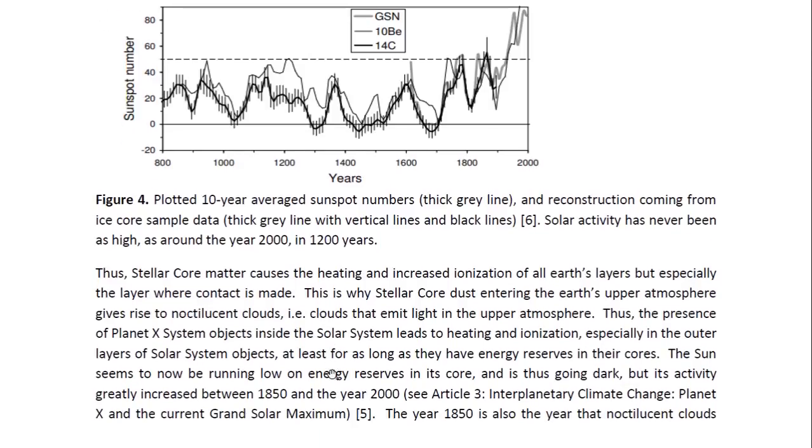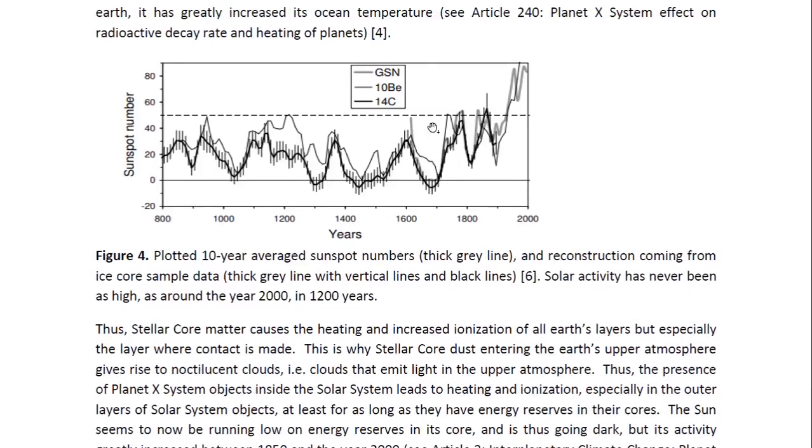Thus, the presence of Planet X system objects inside the solar system leads to heating and ionization, especially in the outer layers of solar system objects, at least for as long as they have energy reserves in their cores. The Sun seems to now be running low on energy reserves in its core and is thus going dark, but its activity greatly increased between 1850 and the year 2000, which we can see here in this data.